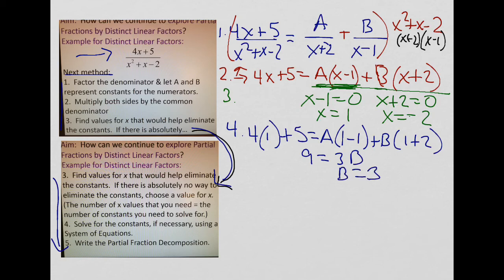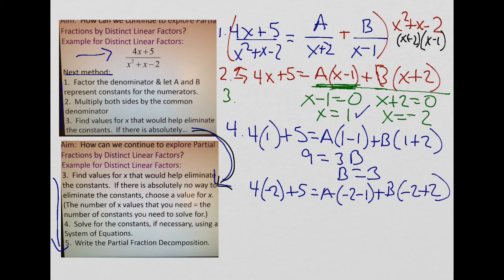And then I'm going to use x equals negative 2. Wherever I see an x in my expression in step 2, I'm going to put a negative 2. So this leaves me with negative 8 plus 5, so it's negative 3, equals negative 3A, so A is 1.